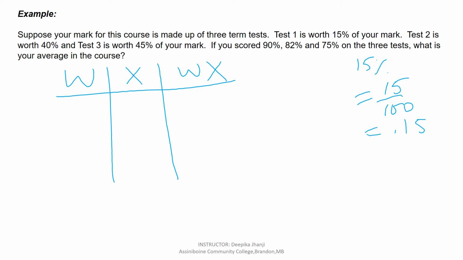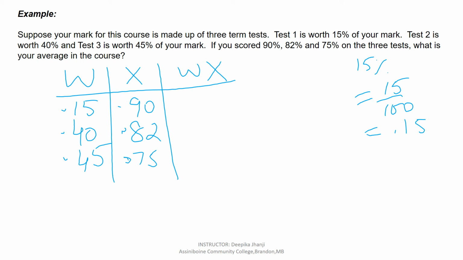So for the first test, W is 0.15 and X is 0.90. For the second test, 40% weightage, so we have 0.40 and the score is 0.82. For the third test, weightage is 0.45 and the score is 0.75, right?